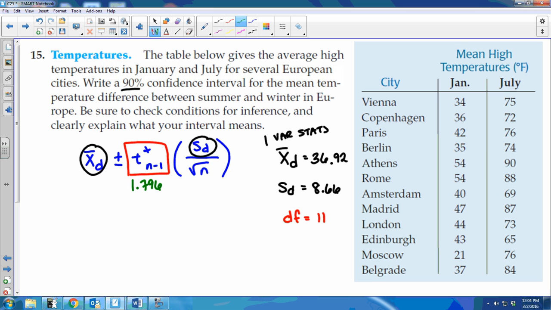So all of this stuff, I can fill all of this out. I've got 36.92 plus or minus 1.796 times 8.66 divided by the square root of 12. Right? And I can just do the math.